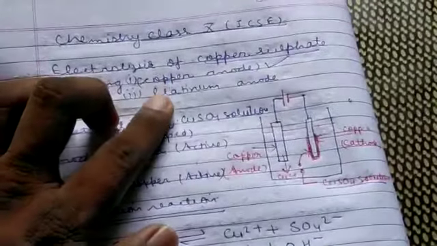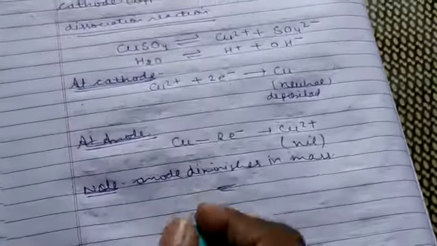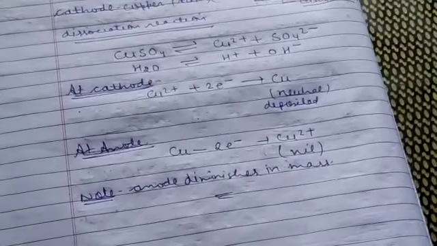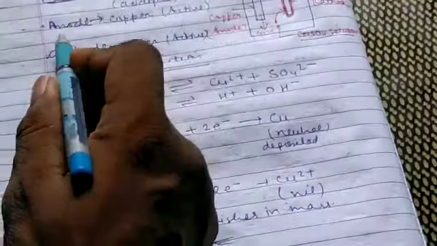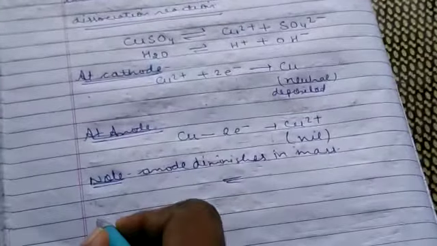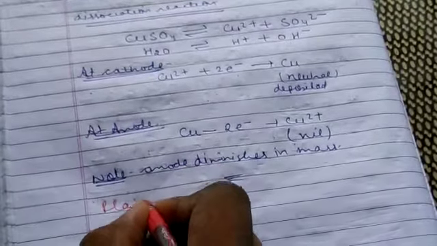And what happens when you use platinum anode? The only change will be at the anode, and the rest of the reaction will be the same; you will change the anode. Here you are using platinum foil as the anode. What change takes place when platinum anode is used?